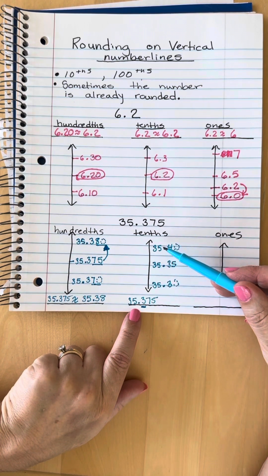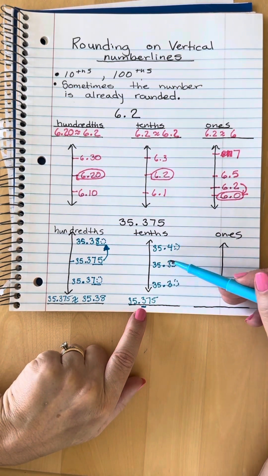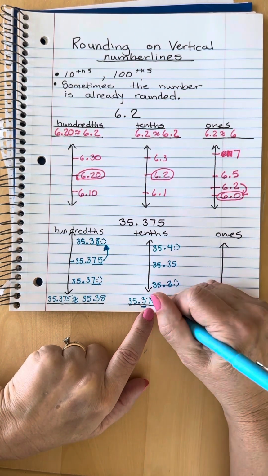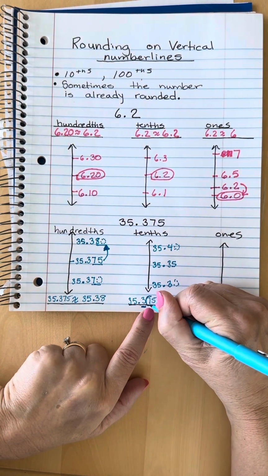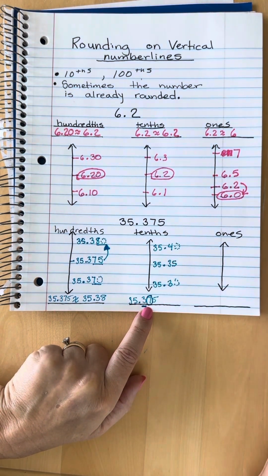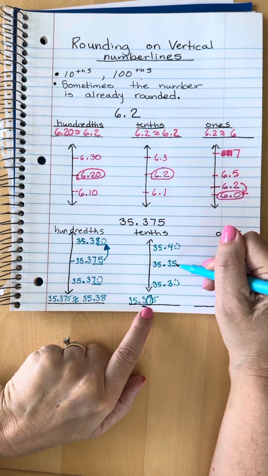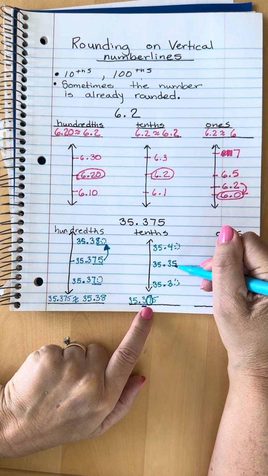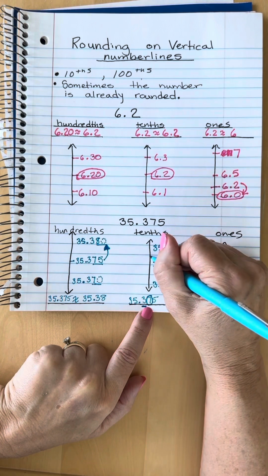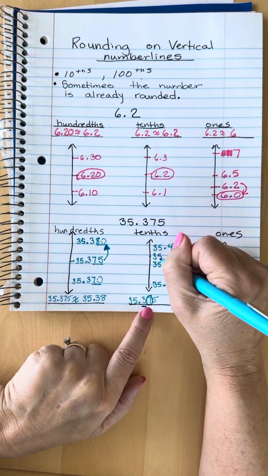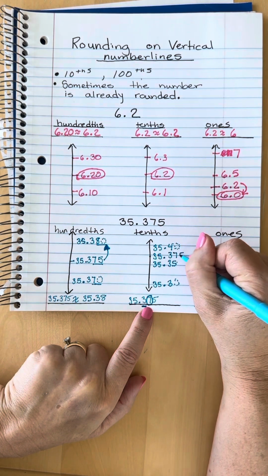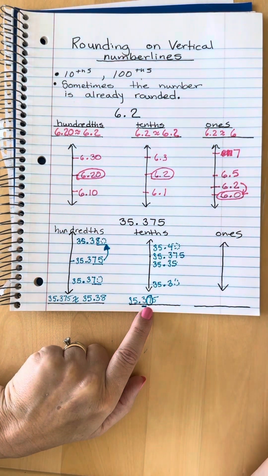It's going to fall anywhere. The 3 doesn't give me a hint, but the 7, when I look at this number right here, is going to tell me where this whole number falls. So 7 is more than 5. So 37 is more than 35 and less than 40. So that means the 35 and 375 thousandths falls right there.